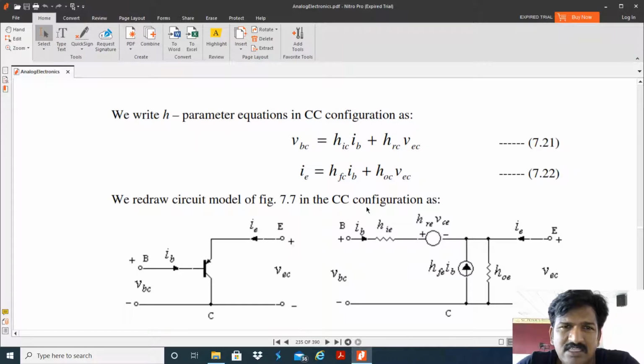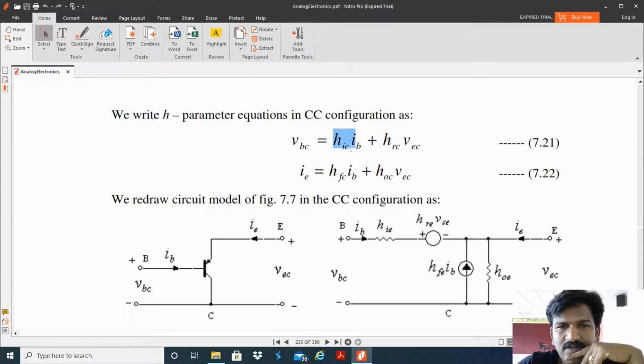Here in the CC, the parameters are VBC equal to HIC IB plus HRC VEC, and IE equal to HFC IB plus HOC VEC. VBC is the input voltage and IE is the output current, which depend on HIC, HRC, HFC, HOC.